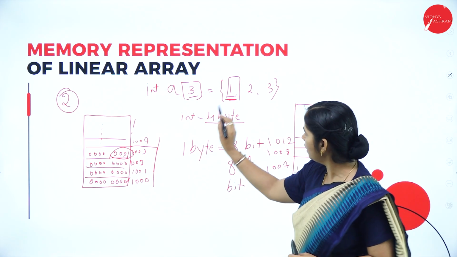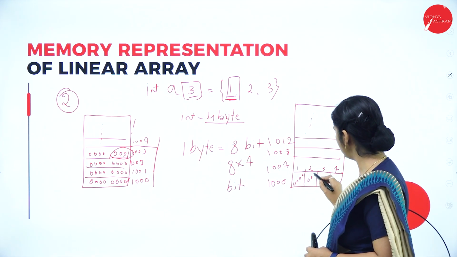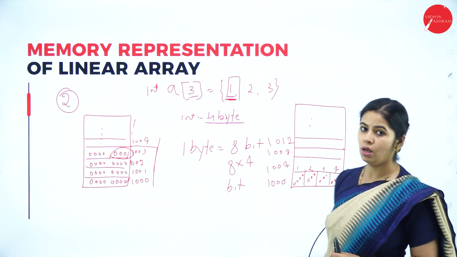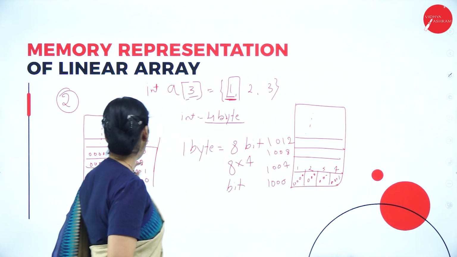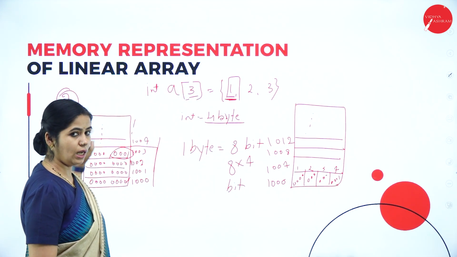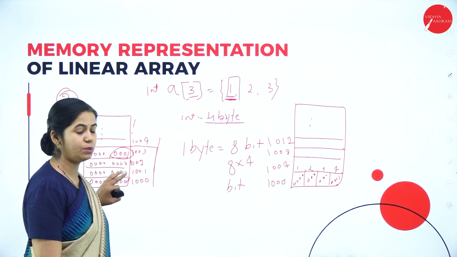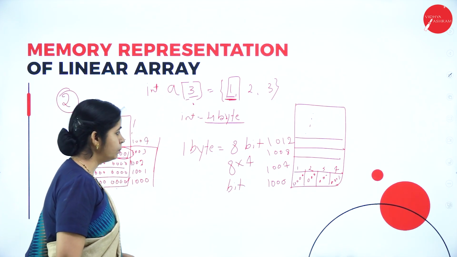When we represent the same, all the other bytes become 0, and here the value will be stored as 1. So either way we can represent the linear array in memory. This is how the actual memory allocation is done when we initialize the values of the array.